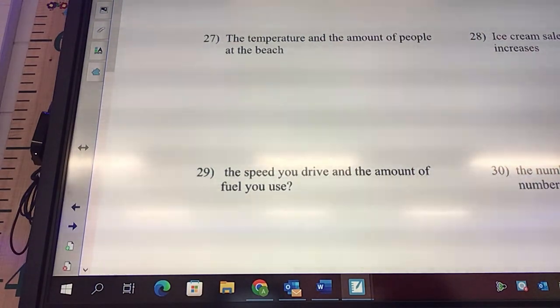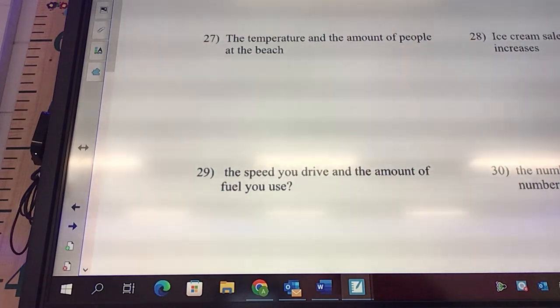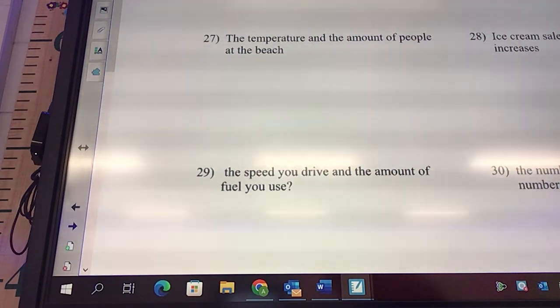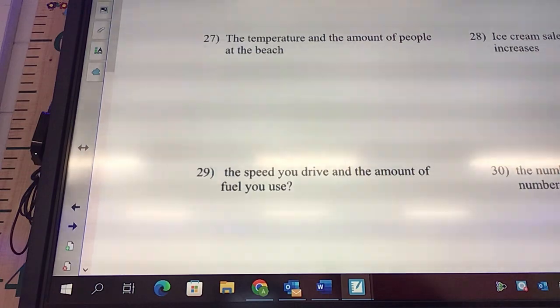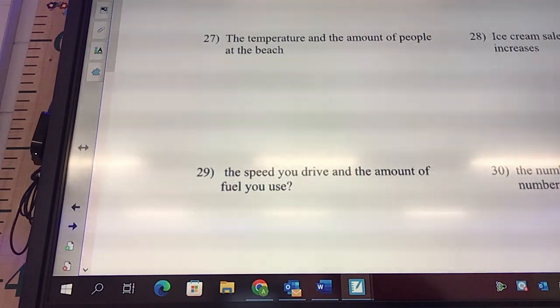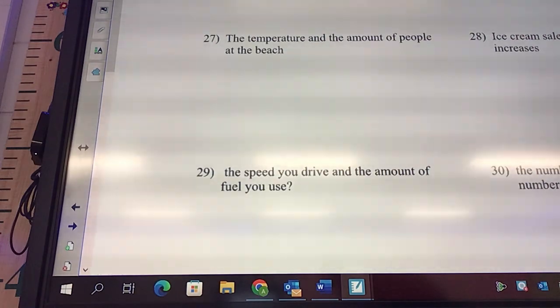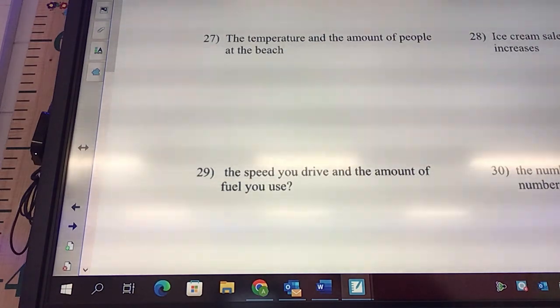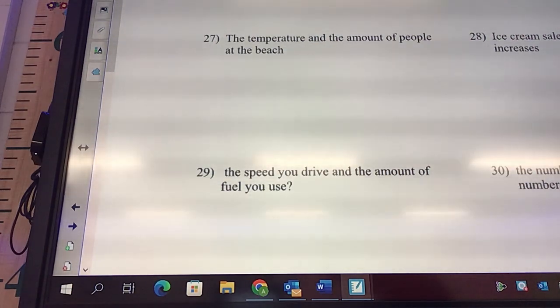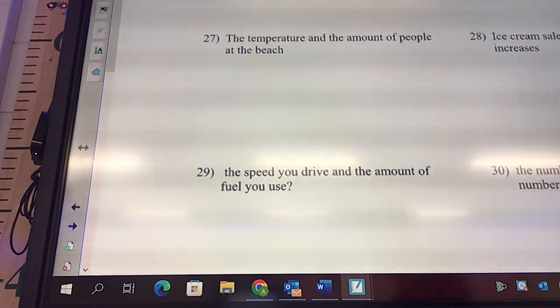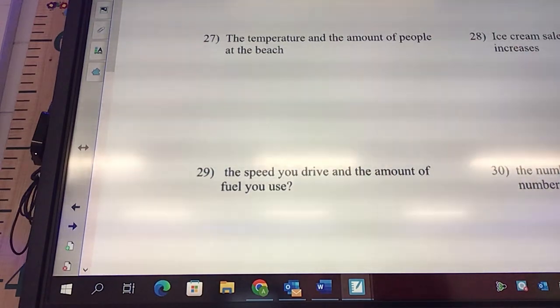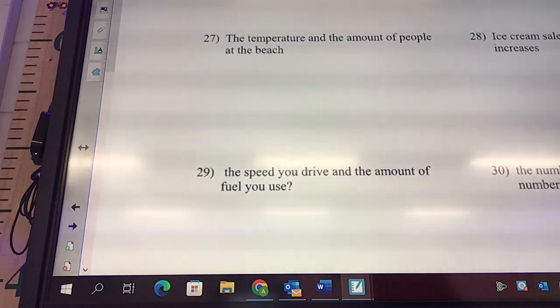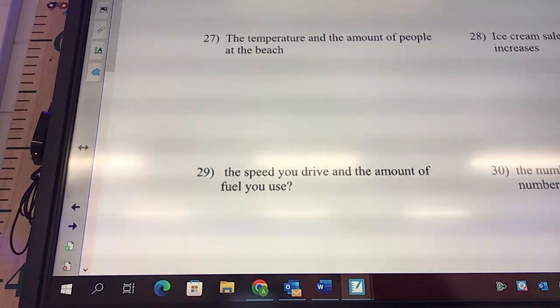The temperature and the amount of people at the beach, okay? So the temperature and the amount of people at the beach. Okay, do you think that is a correlation or a causation?